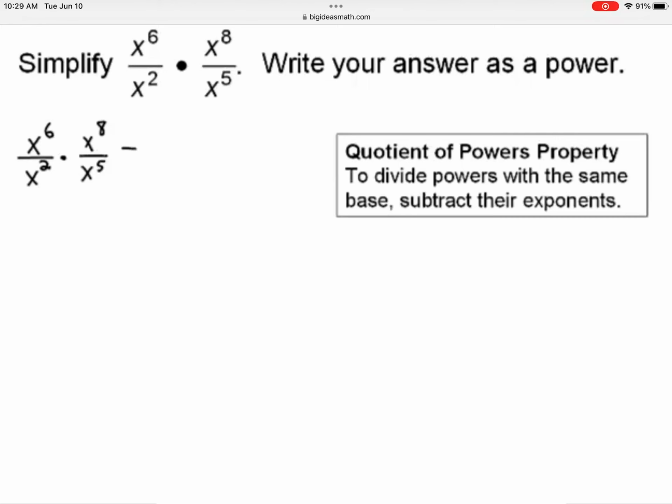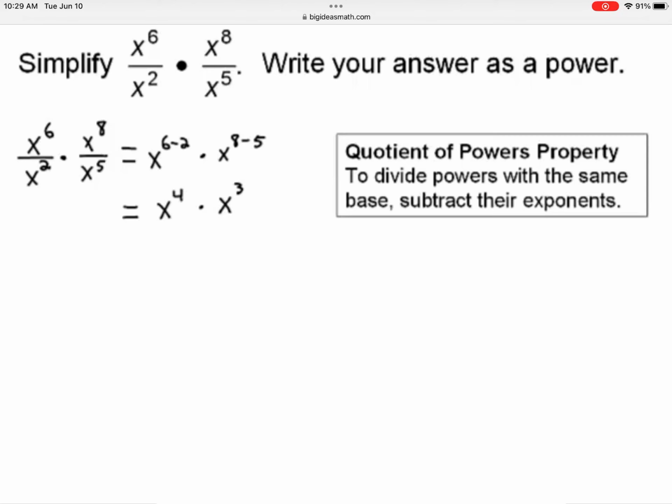Using the quotient of powers property, the first quotient can be written as x to the 6 minus 2, and the second quotient can be written as x to the 8 minus 5. 6 minus 2 is 4, so you have x to the 4th. 8 minus 5 is 3, so you have x cubed.